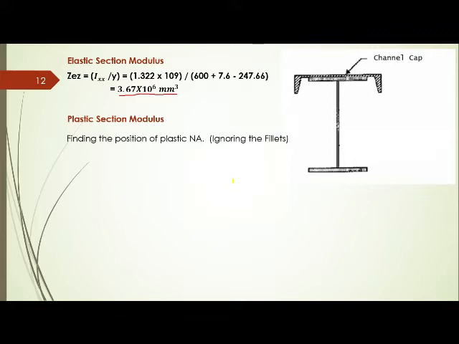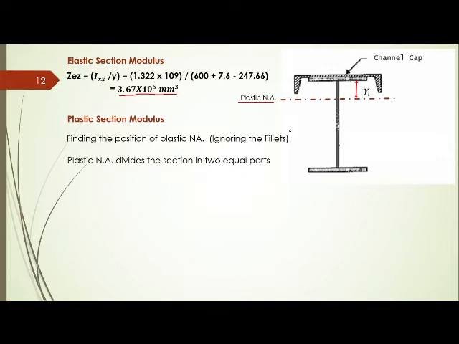We have taken the help of a basic property of the plastic neutral axis. This is the plastic neutral axis, how it is positioned, and let the distance be capital Y1 from the bottom of the top flange.